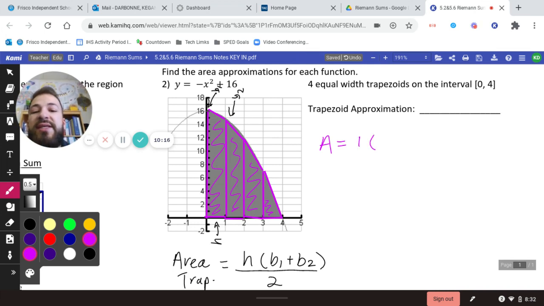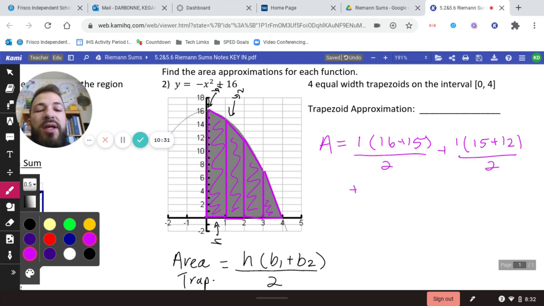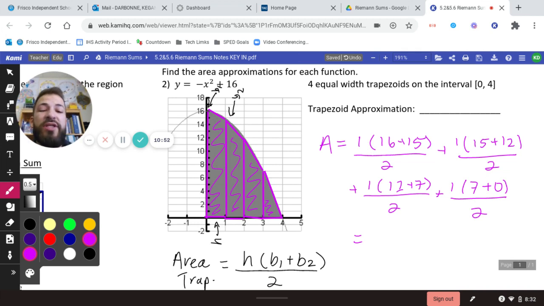Base 1 plus base 2 is 16 plus 15, all over 2, plus width is still 1, so 1 times 15 plus 12, all over 2, plus 1 times 12 plus 7, all over 2, plus 1 times 7 plus 0, all over 2. And if I add all of that up, I do get 42.